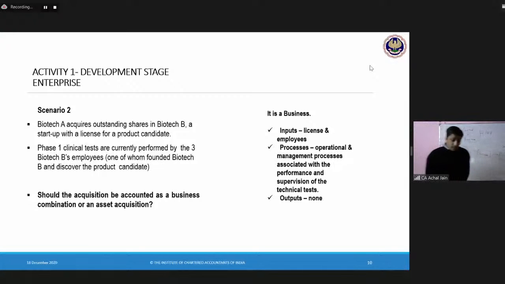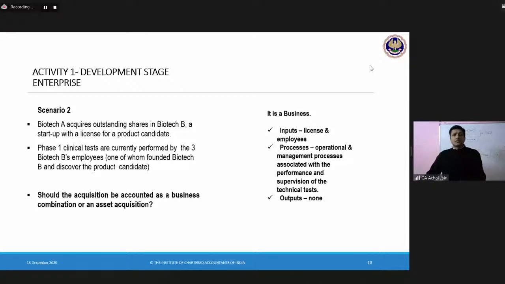And I'm hoping that you have now understood some scenarios wherein what will happen if there's no output, or what can be a situation of a business without an output, or what will be the situation when there is no output and no process.